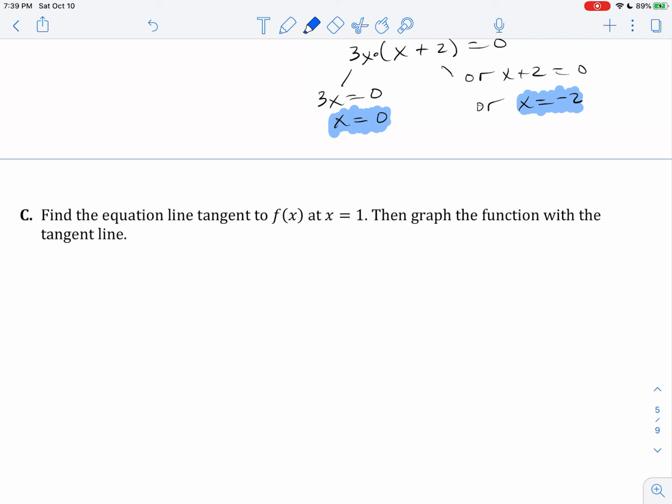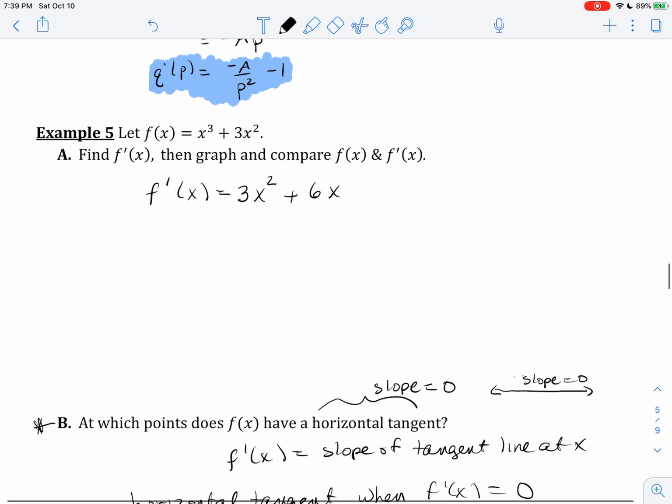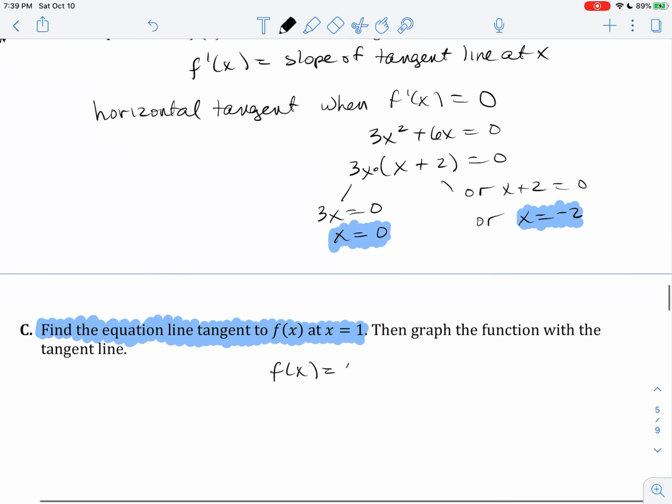Okay? And it says find the equation of the line tangent to f of x at x equal to 1, then graph the function with the tangent line. I might not take the liberty of graphing, but how do you find the equation of the line tangent to f of x at x equal to 1? We know that f of x is equal to x cubed plus 3x squared.